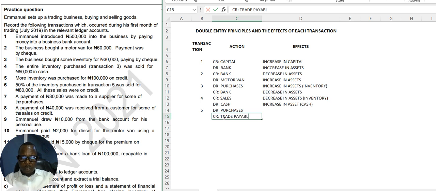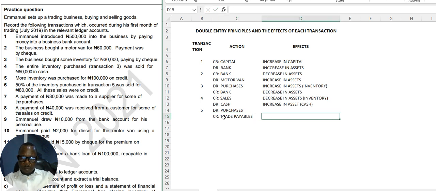Is that correct? Yes, payables. And trade payable is an increase in liabilities, while this one is an increase also in your assets, which is your inventory.